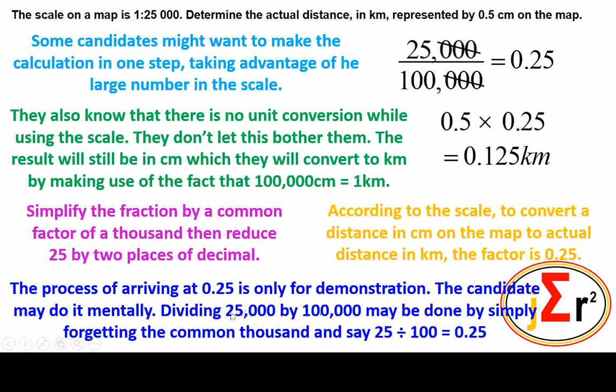And then just divide 25 by 100. And the result is 0.25, which is our factor. And we're just demonstrating the simple process of arriving at a single factor that may be used to do the conversion all at the same time. And that, of course, may be done without writing anything down. It might be done mentally.